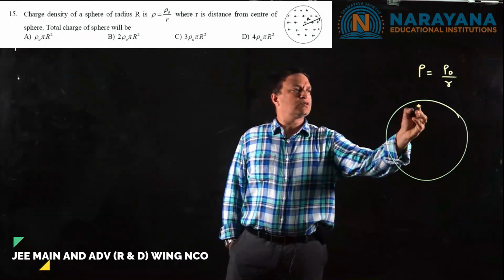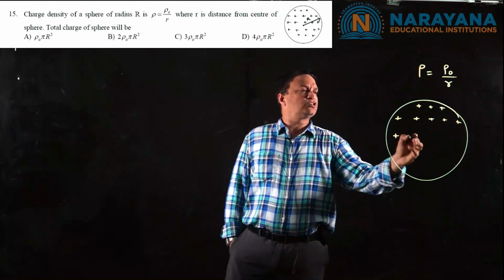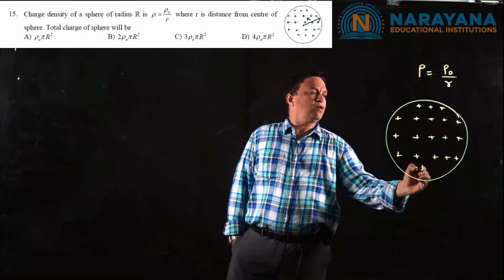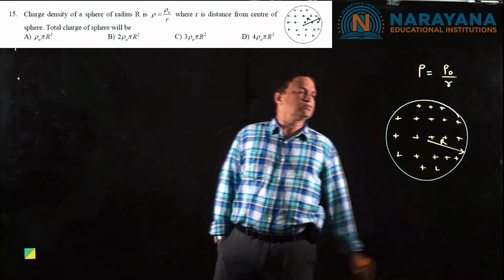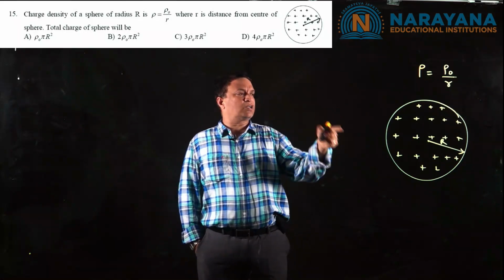This is a spherical volume distribution of charge where capital R refers to the radius of the sphere. What they are asking me is what is the entire charge enclosed in this?